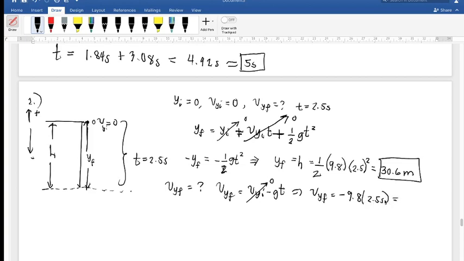So that is negative 24.5 meters per second square. So which is actually correct kasi yung object mo is moving in the negative y direction, kaya negative yung velocity niya. Okay, so that's the end of our motion along a straight line.